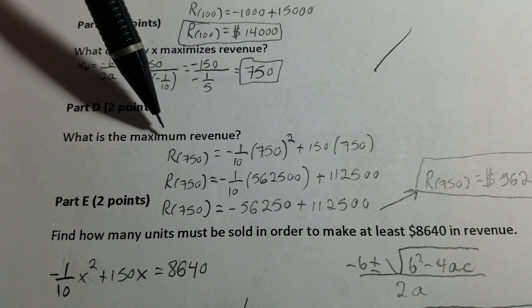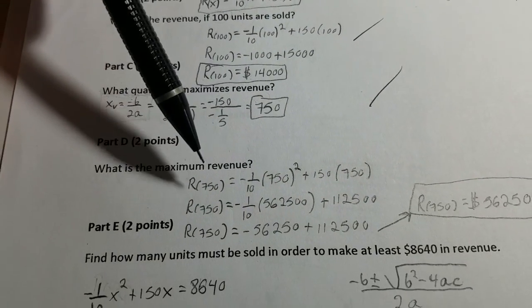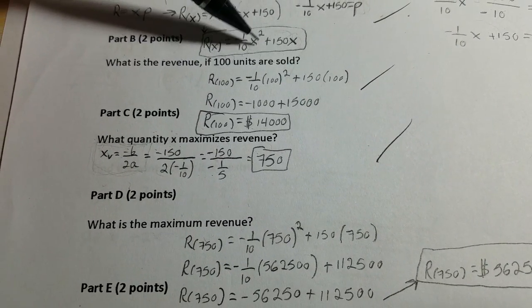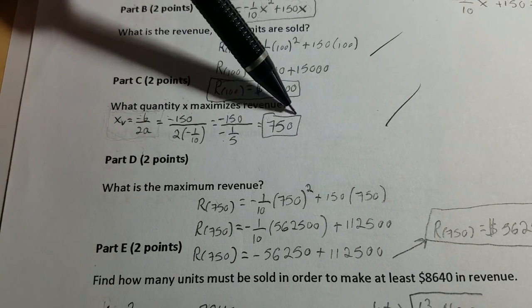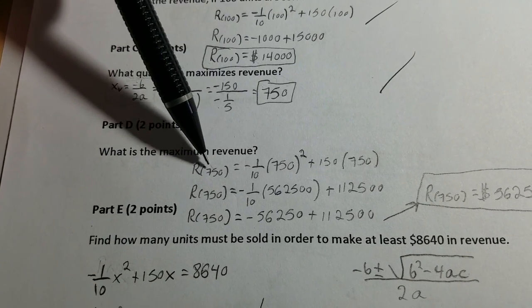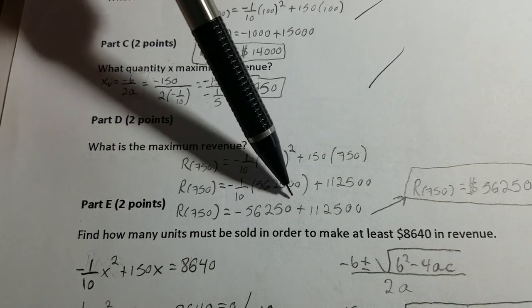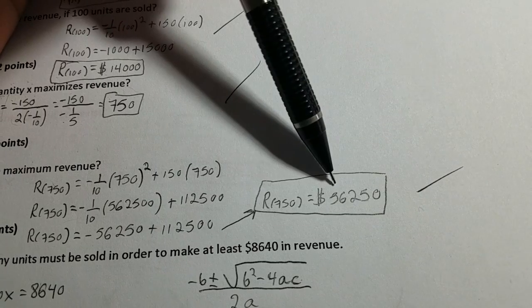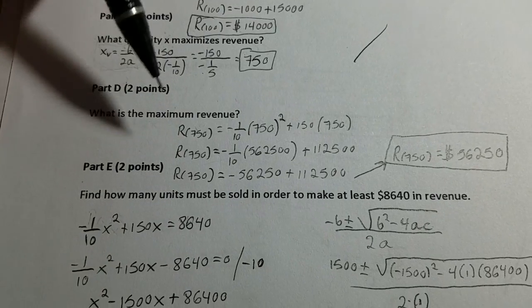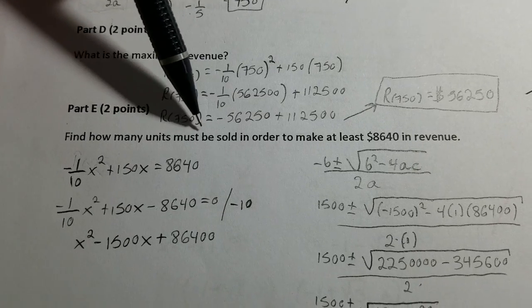So if I want to find the maximum revenue, all you have to do is go back to the same formula, and this time, every time you have an x value, like here, here, and here, we are just going to use the value that maximizes my revenue. So substitute x by 750 every time you have an x. You go ahead, you do your math, and you will see that the math takes you to $56,250.